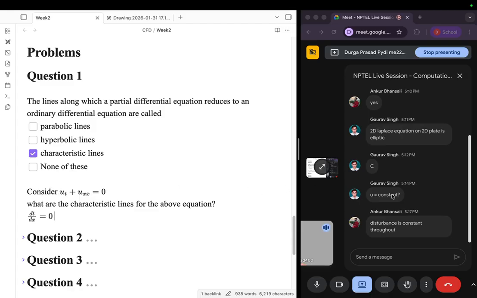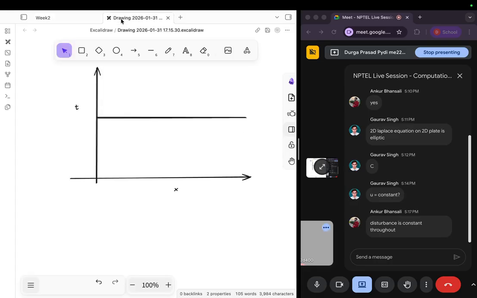So the statements u equal to constant and disturbance is constant are kind of equivalent. We are not trying to solve for the value of u, we are trying to understand the nature of how this propagates. If there were some u, we do not know what the value is. What this says is, at any given time, it has an influence throughout all the x, since dt/dx equal to 0. This line says where the influence of that particular disturbance is happening.